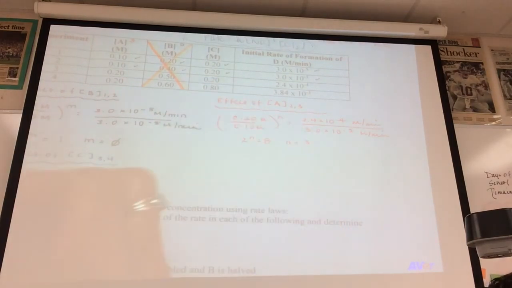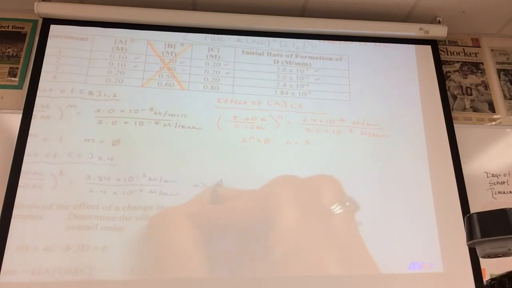We've got this over this, so we have 0.80 molar over 0.20 molar, and that is going to be to the L, and we've got 3.84 times 10 to the negative 3 molar per minute, and we've got 2.4 times 10 to the negative 4 molar per minute.